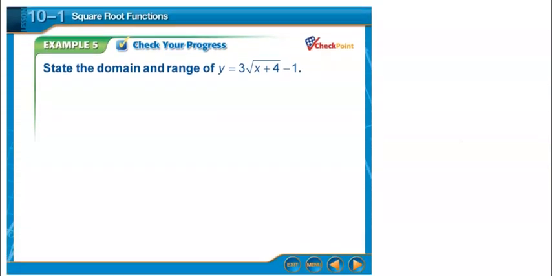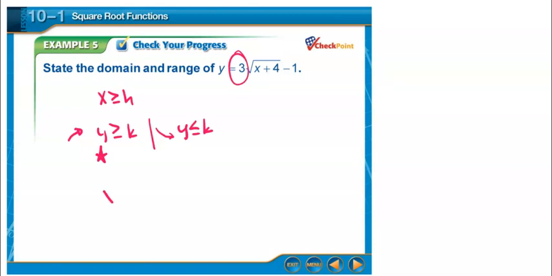This is without graphing. Make sure you understand that the domain is x is greater than or equal to h. y is either greater than or equal to k, or y is less than or equal to k. Okay, and this has to do with whether it's facing up or whether it's facing down. This one has a positive a, so it's facing up.